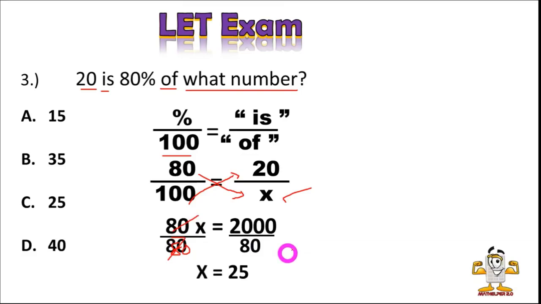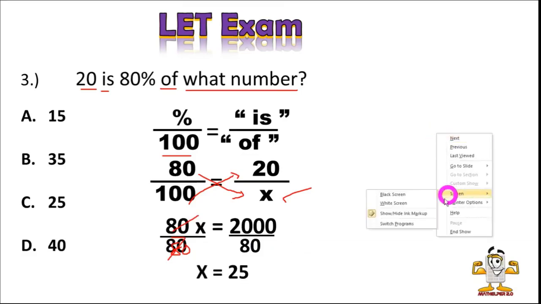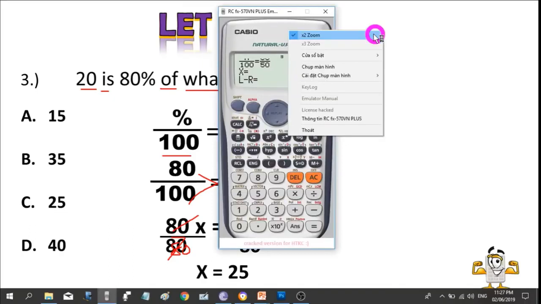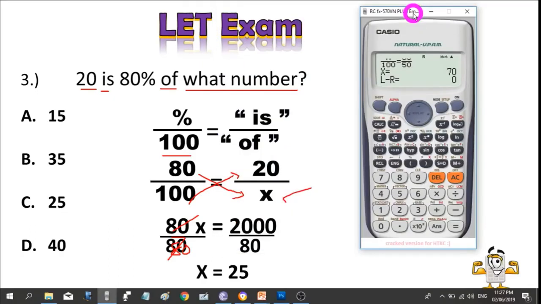So, pwede rin natin calculate yan using calculator para po madali po. So, allowed naman po tayo na gumamit ng calculator during exam. So, gagawin lang po is, input lang po natin tong formula na to. So, 80 over 100 alpha x para makuha po yung equal sign.